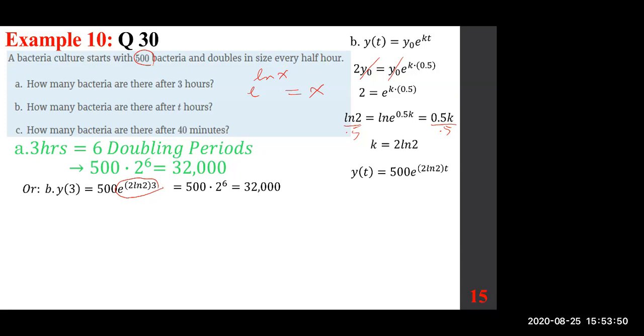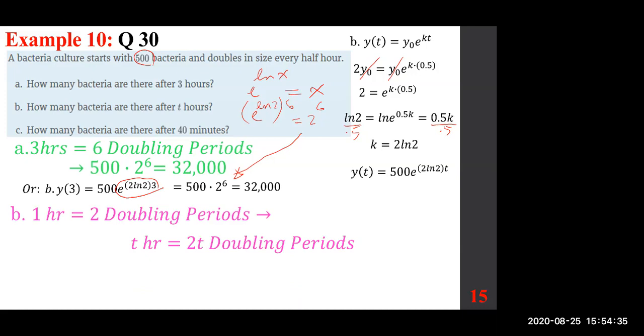So e to the power of 2 ln 2, ln 2 and then 2 and 3 together as 6. And this is 2 to the power of 6. Okay, that's how you arrive at it. This is basic algebra, okay, class. I hope you're comfortable with that. And you get to the same answer, okay?